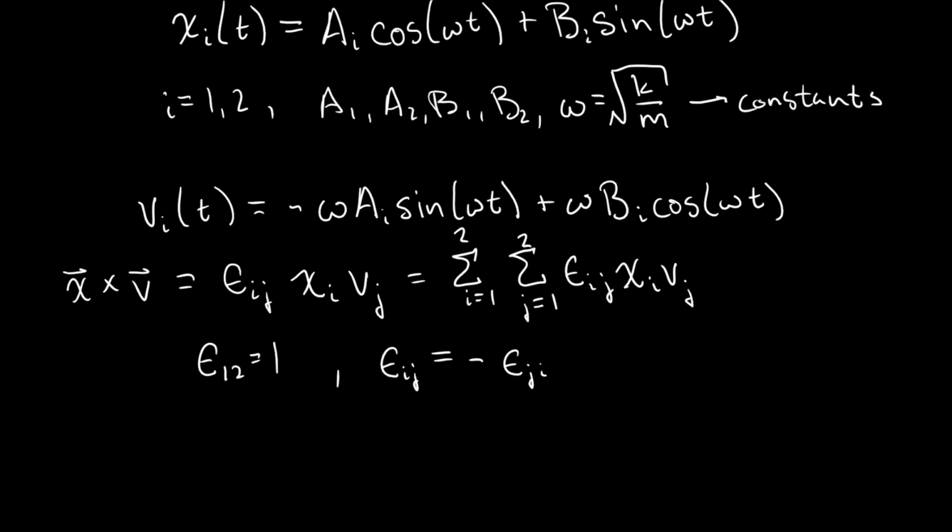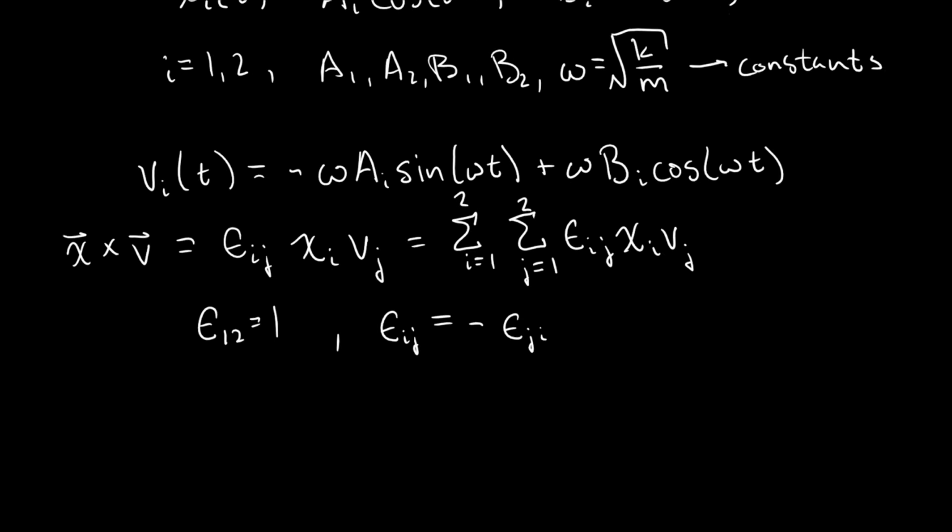Okay. So what happens when I actually take this cross product? I get epsilon ij, xi, vj. Actually doing this sum, I get something like x1, v2 minus x2, v1.